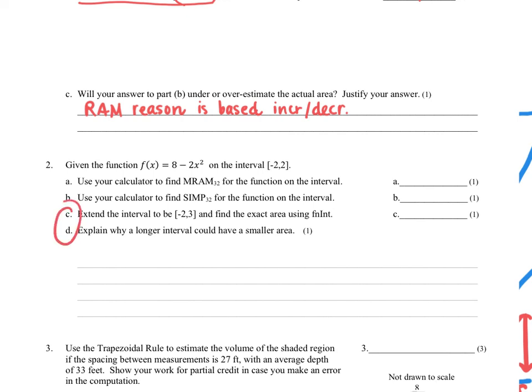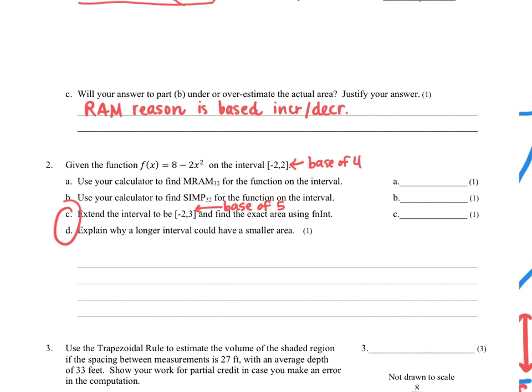All right, and number 2, most of you did fine on the calculator parts except for here. I was trying to get at the fact that even though the region started out with a length of 4, then when I had you switch to a base of 5, so an interval of 5, the overall value of your integral went down. So how does going farther along on your x-axis mean that you're going down?